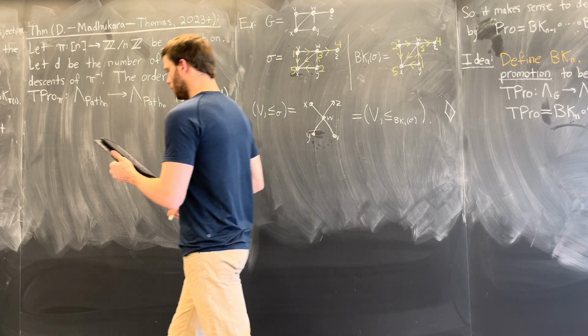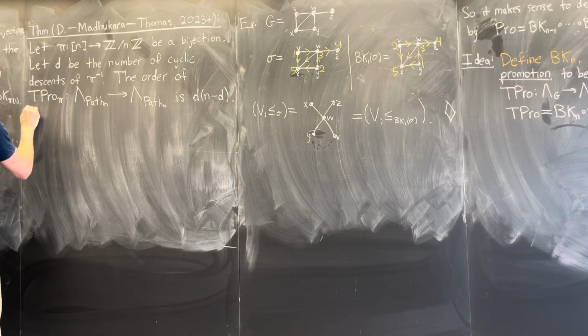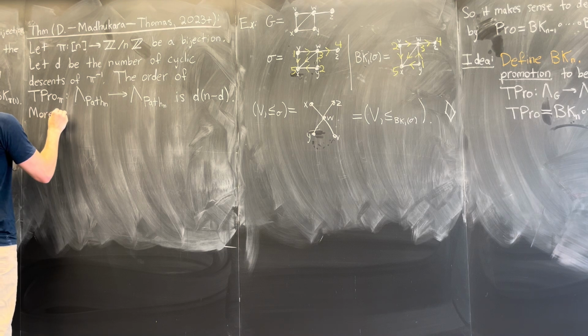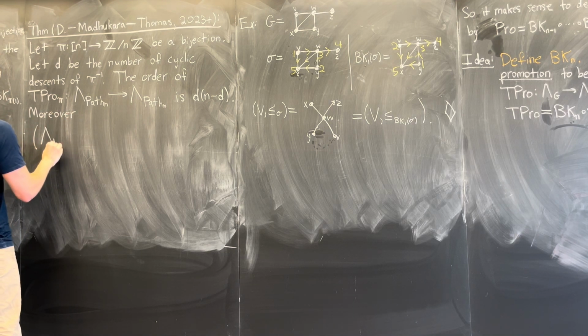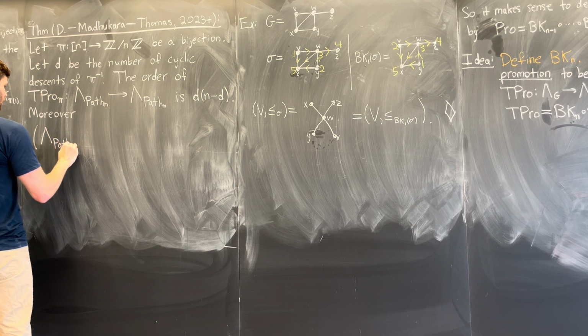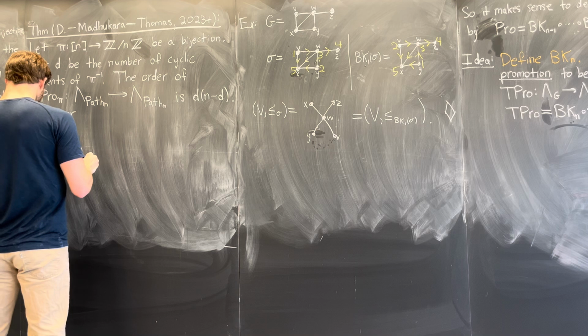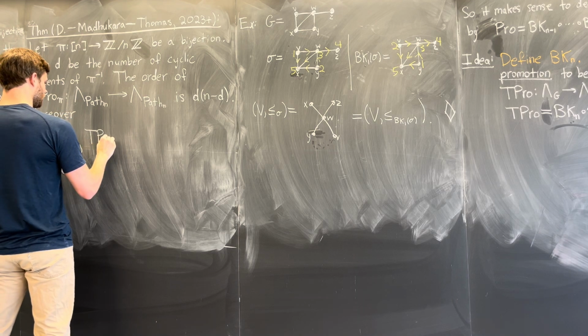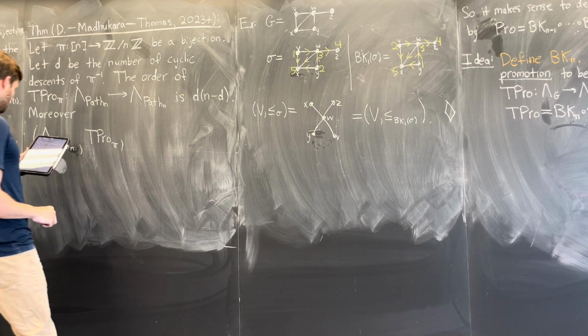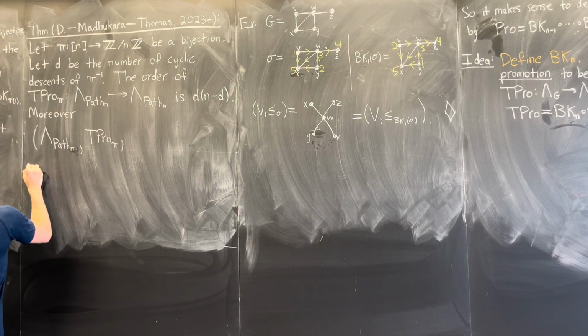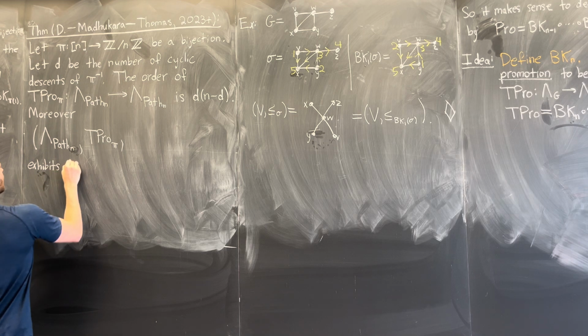And also, we get a cyclic sieving phenomenon. So moreover, we have this triple, which is the set of labelings of the path graph, and permutoric promotion with this pi. And we have some polynomial, and this exhibits the cyclic sieving phenomenon. I'll tell you what the polynomial is in a second.